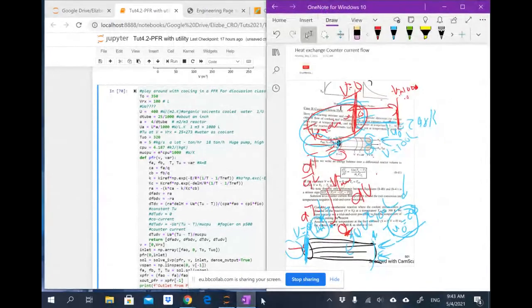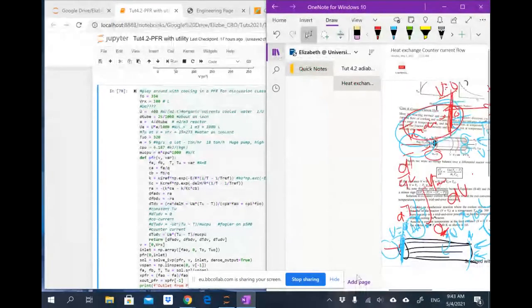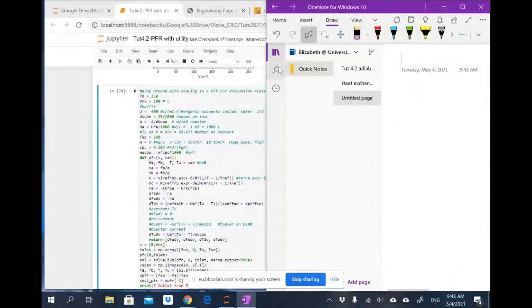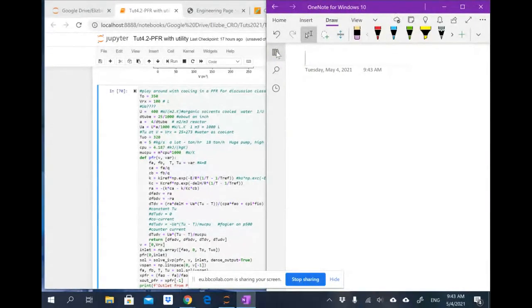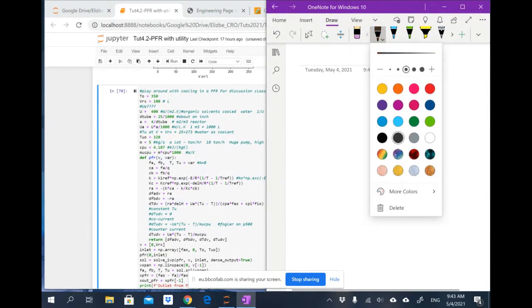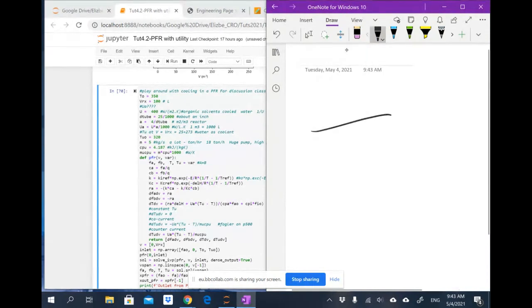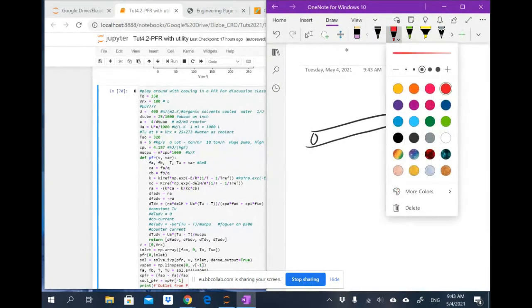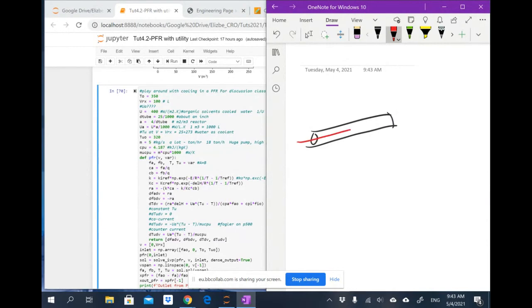So what I am guessing here, let's just add a clean page. I know there, my tube. So my inlet, and let's make that red. This is my fluid, and this comes in now at 350 Kelvin because I changed it over there.